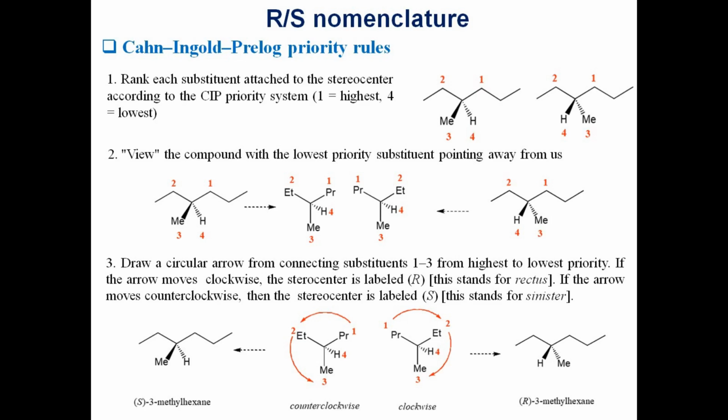Now we have to project our views in such a way that the lowest priority functional group stays as much away as possible from our eye, and in this way we have to move our arrow from 1 to 2 to 3. If it is going in the clockwise direction, the notation will be called R, and on the other hand, if the rotation is going in the anti-clockwise direction, then the nomenclature will be called S.